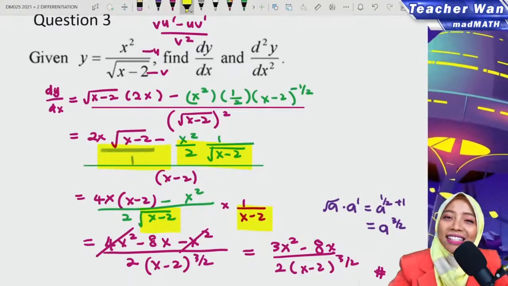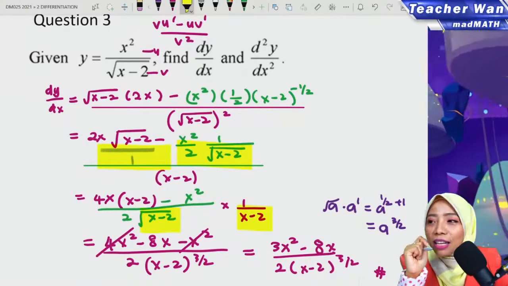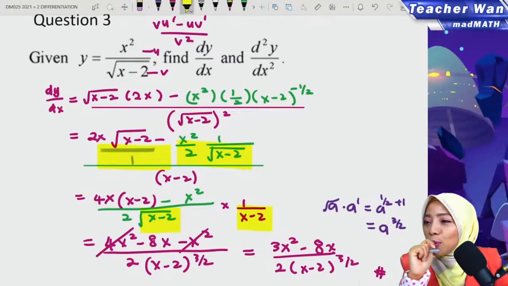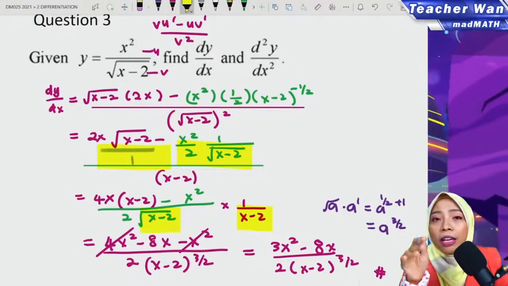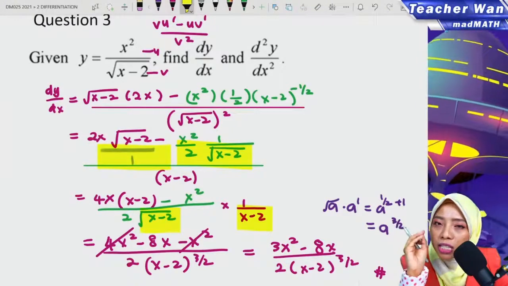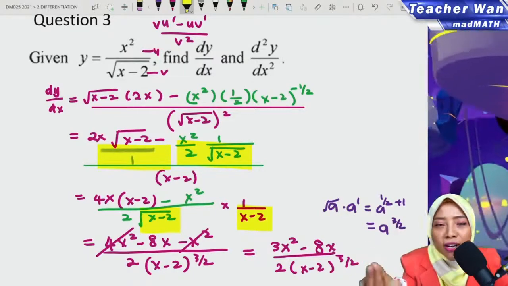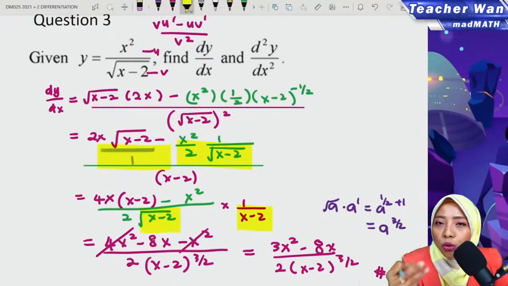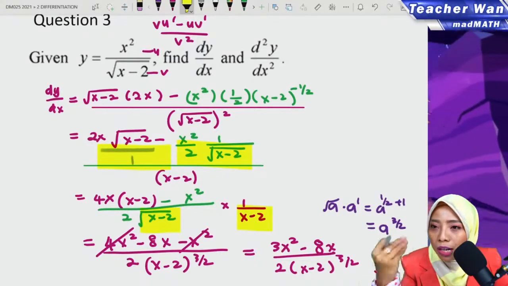If yes, are you guys still energetic? Okay, if yes, still energetic, please comment. Yes, yes, yes, we are energetic. Okay, by the way, I would like to thank all of you. Even though today is a public holiday, supposedly you are relaxing with your friends, watching YouTube, watching Netflix or whatever movie that you like, that you love.